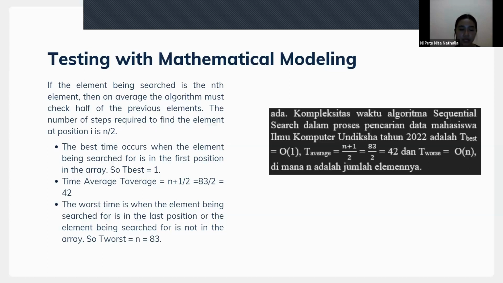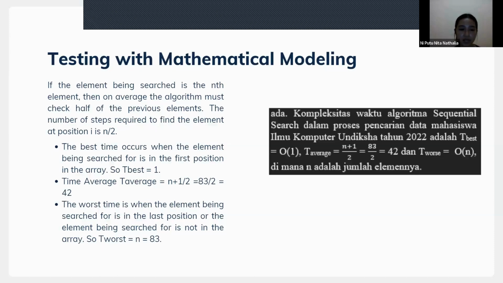Second, when the value is n plus 1 divided by 2, which for the element is 23, n plus 1 divided by 2 is equal to 42. This is the average time, the average of these cases.